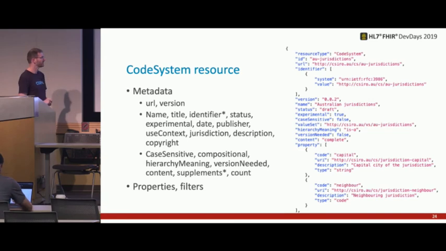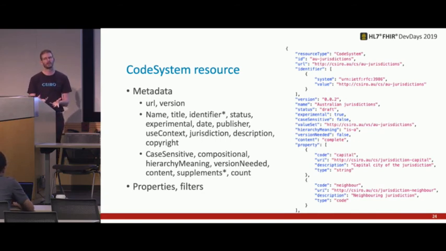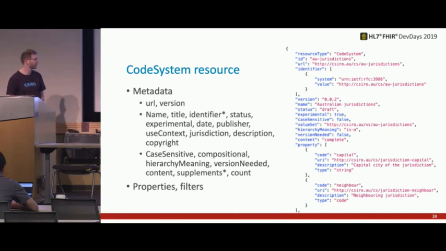The other metadata that you can define is you can describe the properties and the filters that are available on the code system. So in terms of properties, you can say what the type of the property is, what its name is, and what its URI is. And then you can define which filter operators are available for those properties, or for new filters on the code system as well. So for example, here's an extract from a code system I did for those Australian jurisdictions.